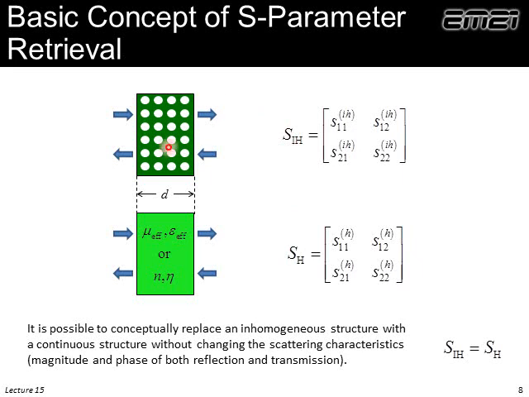So for the inhomogeneous case or the metamaterial case, we would get this scattering matrix. Using our effective material properties, we get this second scattering matrix. And so the idea is, if these really are the effective material properties, our 2 scattering matrices are the same. That's the start of this.